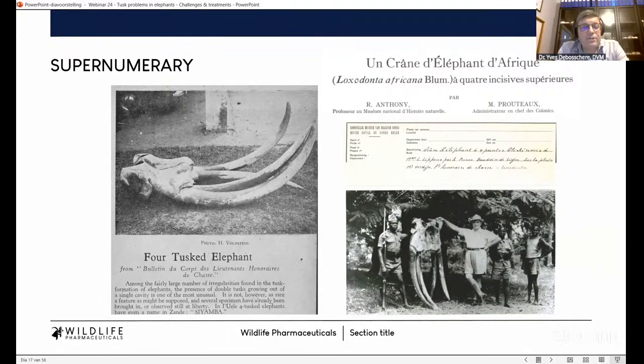So I wrote a letter to the conservator of the museum to ask if the skull was still there, and as a matter of fact, the skull is still there. And we found out that there is another skull, not in Tervuren, but in Paris, that is also four-tusked. So what we want to do now is see if we can still get DNA and see if there is a relation, because we believe that at that time there must have been more four-tusked elephants, because the local tribes at that time gave a name to this elephant.